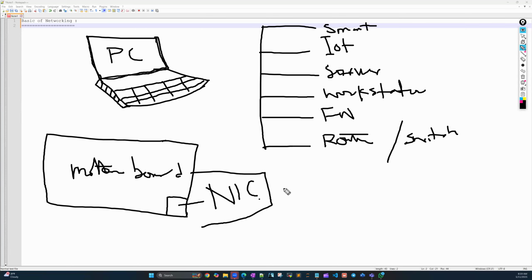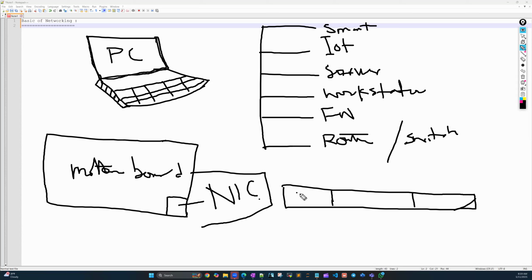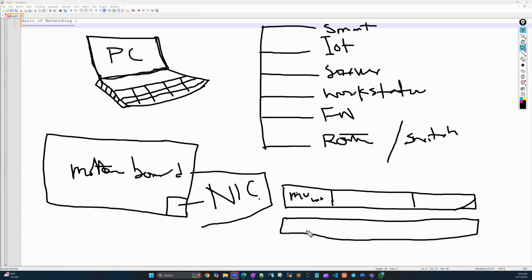Because the NIC comprises numbers, some hexadecimal numbers. Those numbers have a manufacturer index. For example, some of us that have a Toyota car, every Toyota car has a 14-digit VIN number.